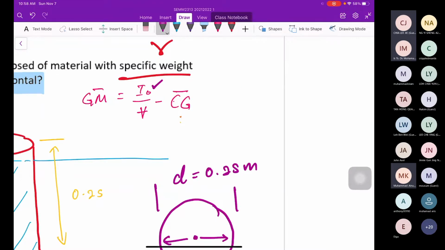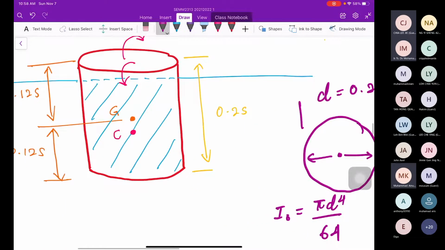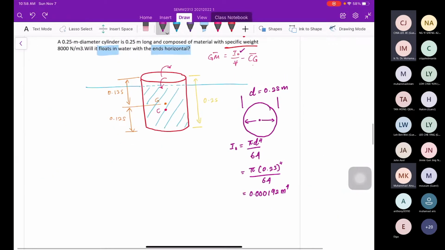However, we must find the V, the displaced volume. This is the displaced one. How to calculate the displaced volume? What's the formula? Any idea how to calculate?